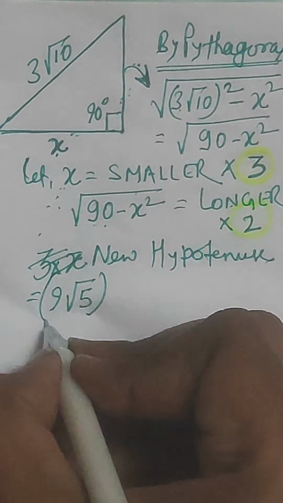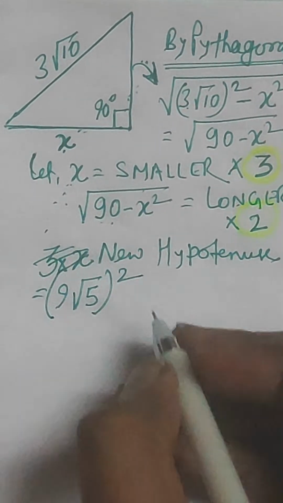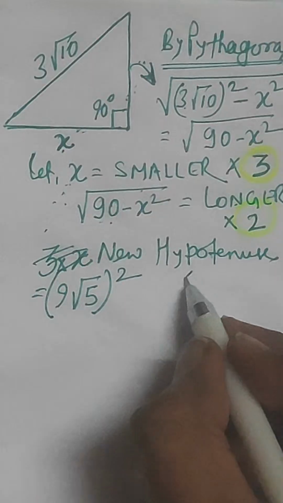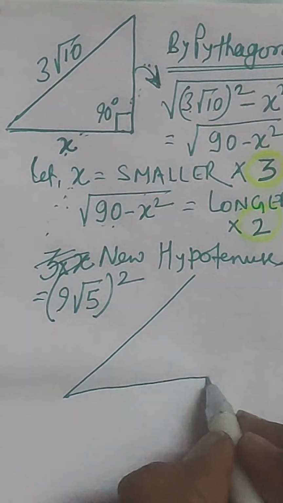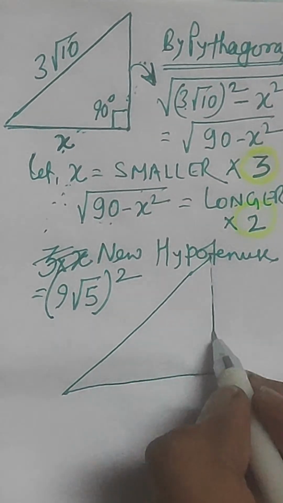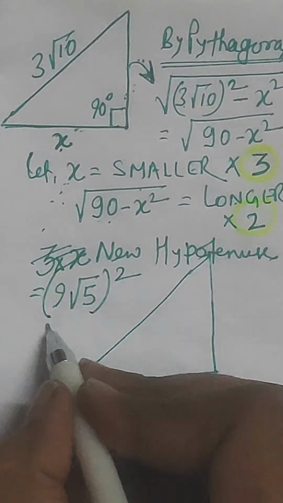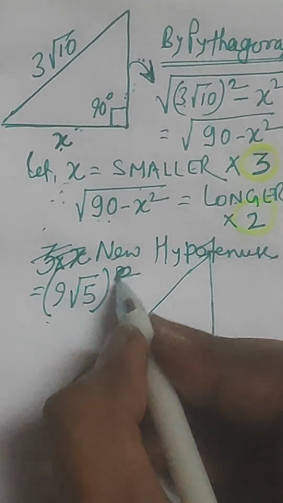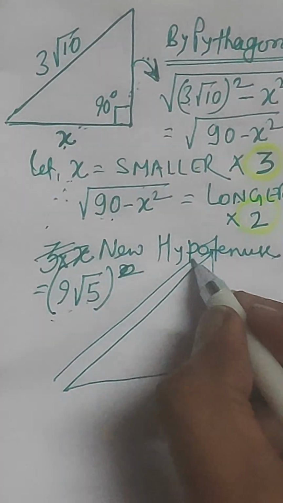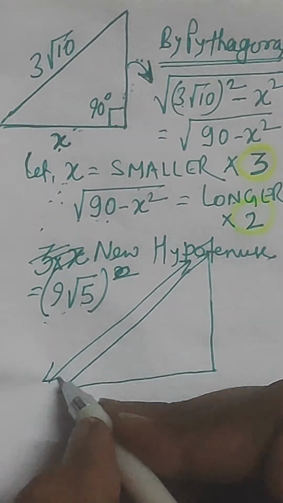Just apply the Pythagoras. For the new right angle triangle, this is 9 root 5.